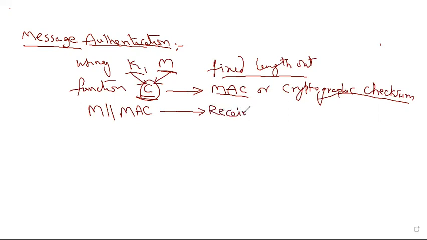After receiving, the receiver must verify whether the sender is authorized or not, and whether any modification or any update happened on this message, or any attacker attacked the communication channel and changed the message, right?